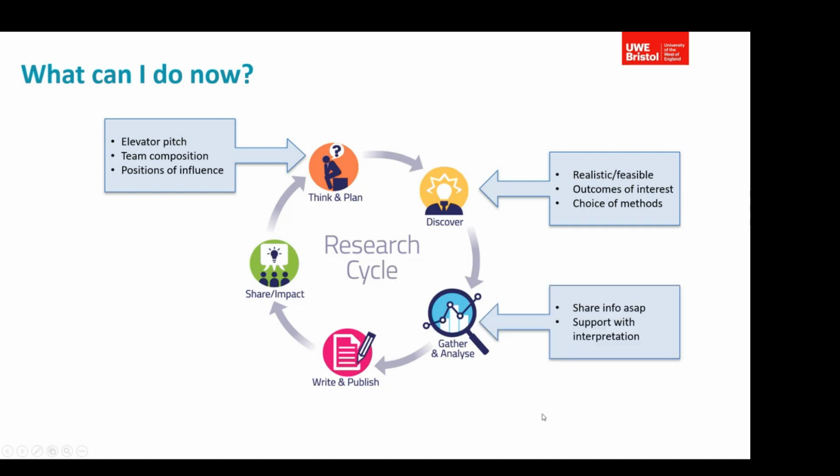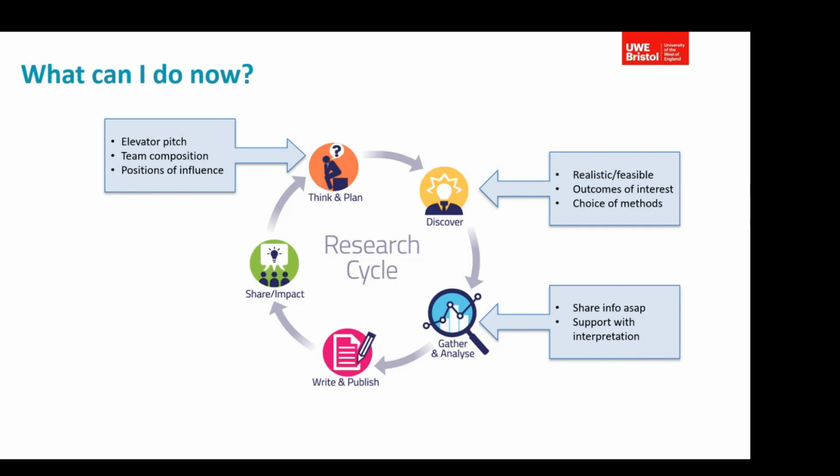Then when you're going through the research process, share some of the information that you have as soon as possible. For many designs, certainly for trial designs, often we can't share information for 3, maybe 4 years. But if there are other designs, or we have embedded process evaluations within the trial design, are there snippets of information that you can share early on that might help people with early decision making, but also might help to maintain their interest throughout your studies?